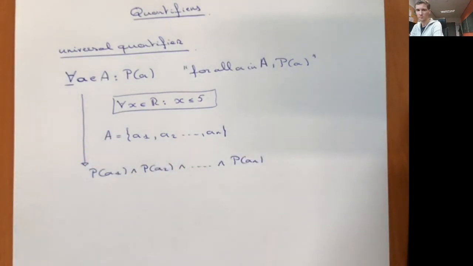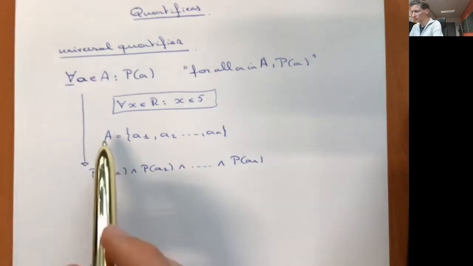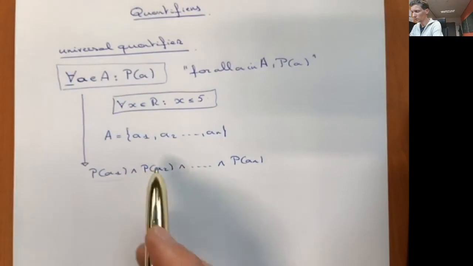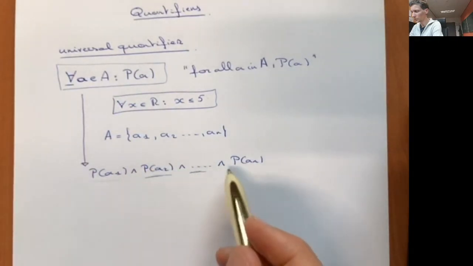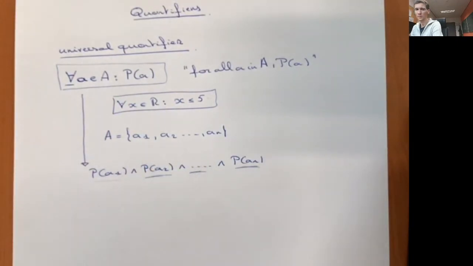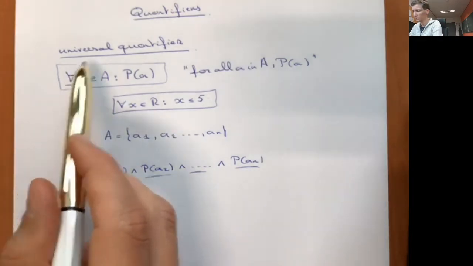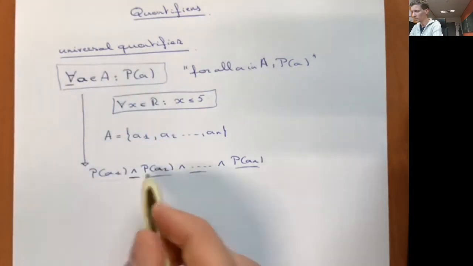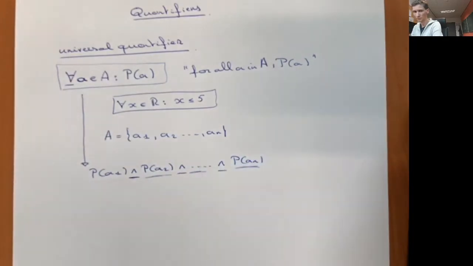So this formula will be true if and only if it is true for a1, it is true for a2, it is true for a3, and so on until an. So the universal quantifier is like a long chain of conjunctions, ANDs.